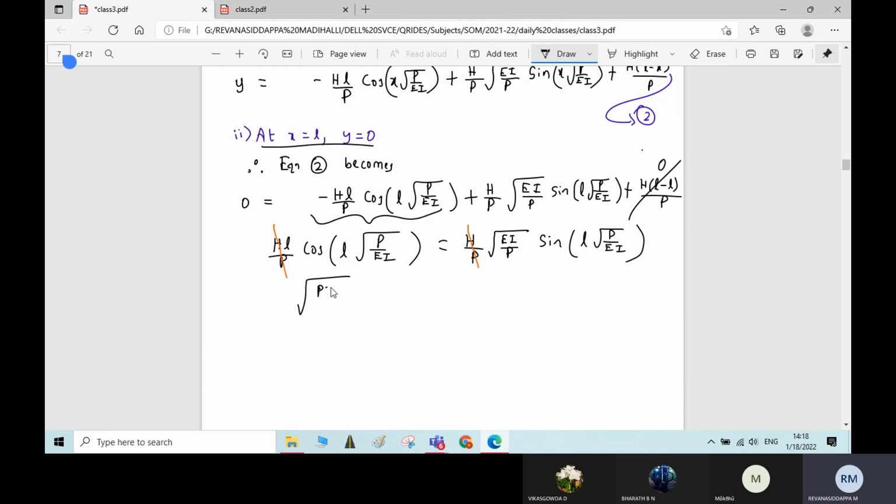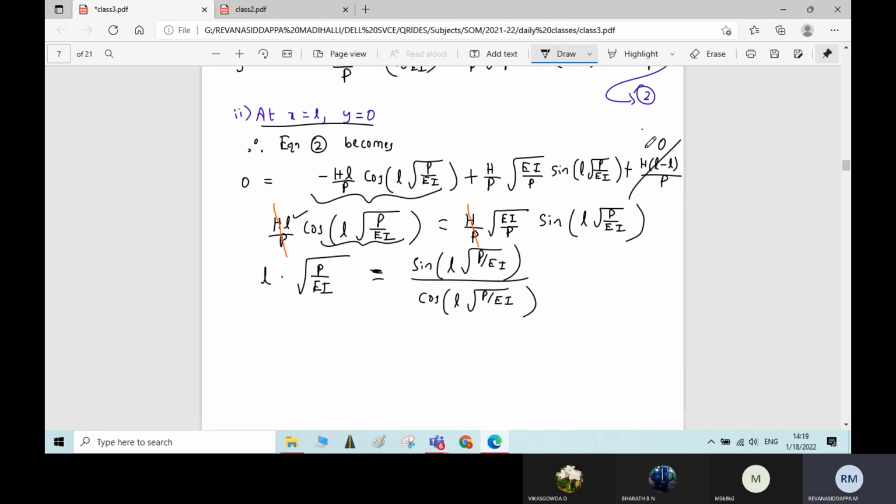I have taken this root of P by EI to the LHS into L. So here we have the term L root P by EI is equal to sin L root P by EI divided by cos L root P by EI.